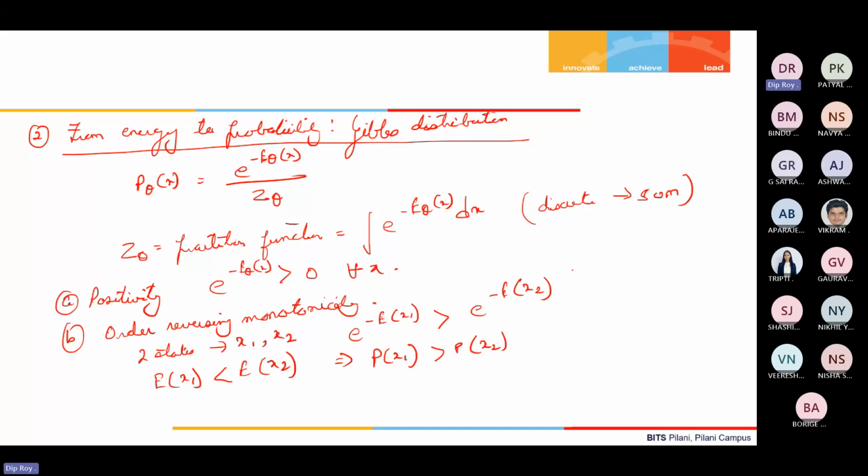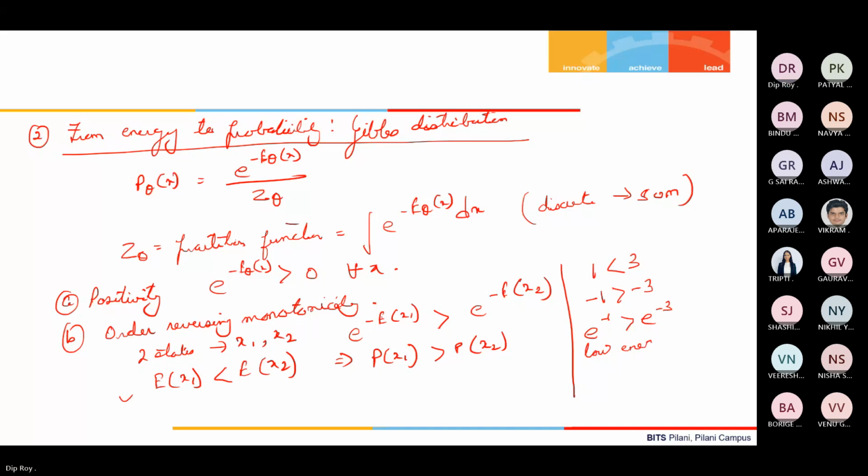Let's say 1 is less than 3, and this is basically your energy. So what will happen? Minus 1 is greater than minus 3, right? It reverses. And if you put this in, e to the power minus 1 is greater than e to the power minus 3. So low energy states have high probability.